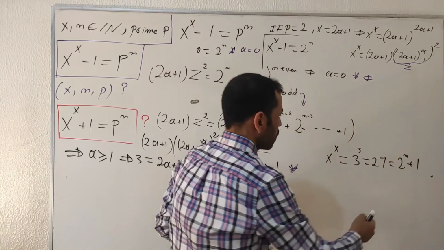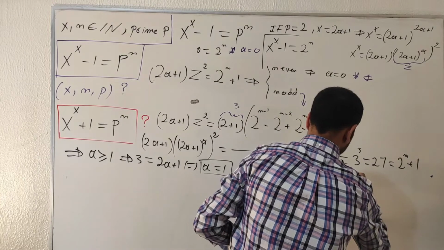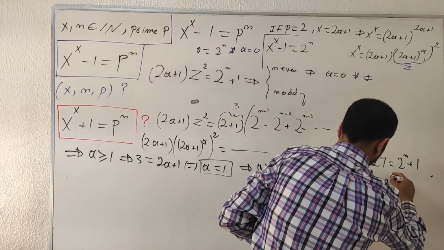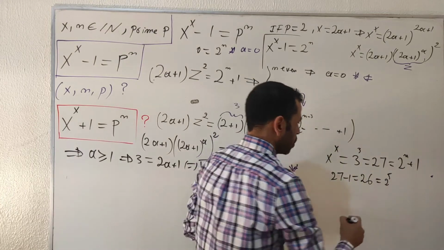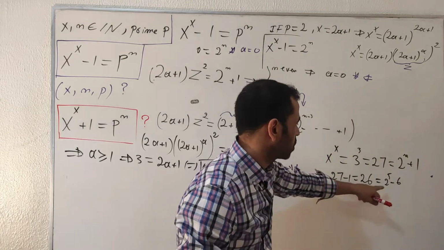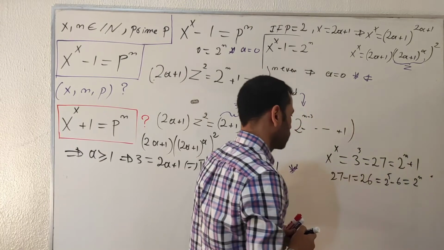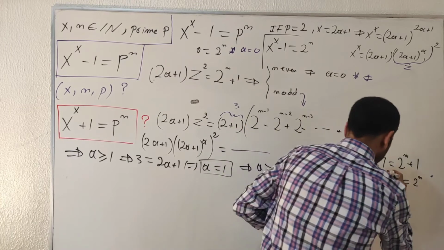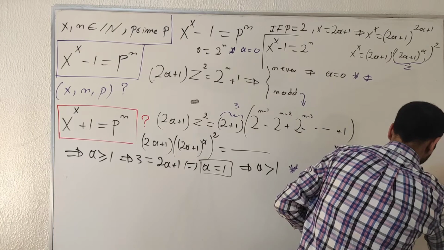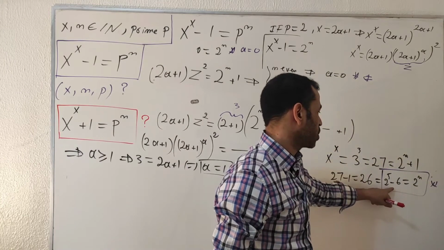Okay, now I'm going to move over the 1 to the left. I get here 27 minus 1, which is 26, and 2 to the 5, which is 32, minus 26 gives us 6, equals 2 to the n. Okay, so this value is clearly impossible, because the right hand side of this equation is a power of 2, which means the left hand side of this equation is not a power of 2.